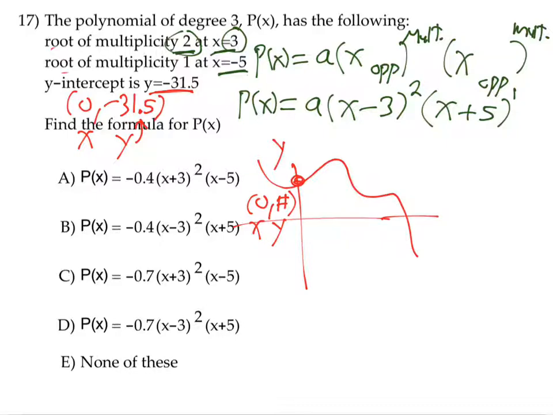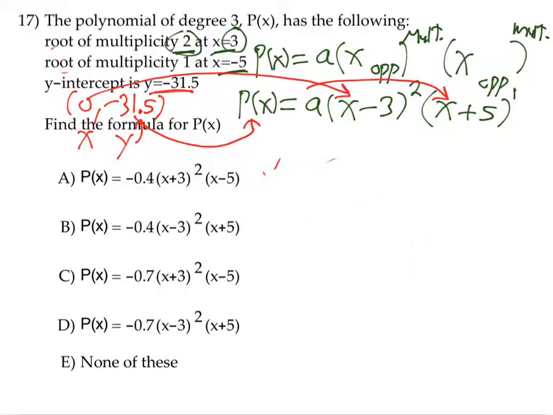A y-intercept always has an x value of 0 and a y value of some number. So with that in mind, we plug in x equals 0 here, and the y is this, because remember the front is always the y value, the function value, the p of x, that's the y. So negative 31.5 is a times 0 minus 3 squared times 0 plus 5 to the first.